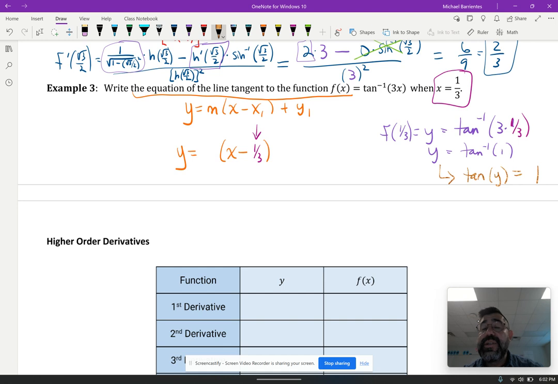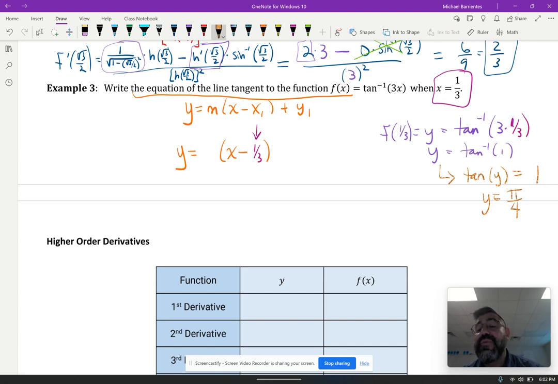And so tangent, remember, is the y-coordinate over the x-coordinate, and that gives me 1. That means the x and the y have to be exactly the same. So that's going to be at y equals pi over 4. That's the smallest angle where that can happen. It's also going to happen at 5 pi over 4, and then it'll happen again at, I'm sorry, not 7 pi over 4, 9 pi over 4, and so on and so on. But this is the smallest angle where it happens.